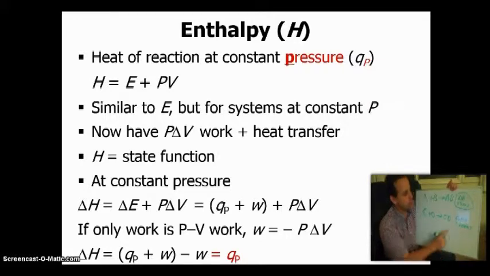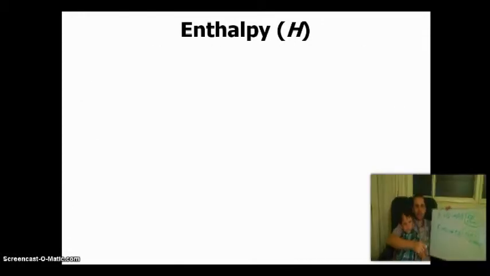So the negative sign here means that the heat energy is a product, and the positive sign here means that the heat energy is a reactant. It requires 400 joules in this case. That's what we call our enthalpy.